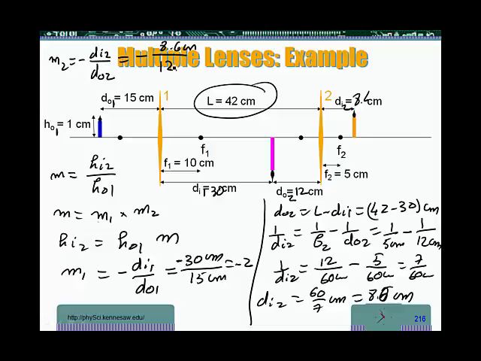Okay, so now my overall magnification is the product of these two. So it's going to be minus 2 times minus 8.6 over 12. Let me erase here.